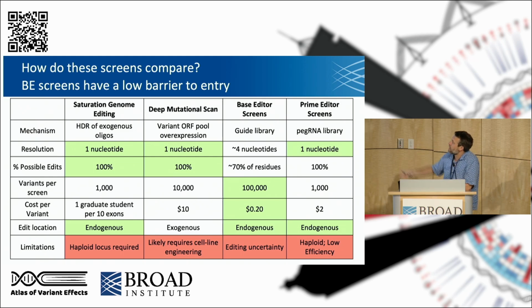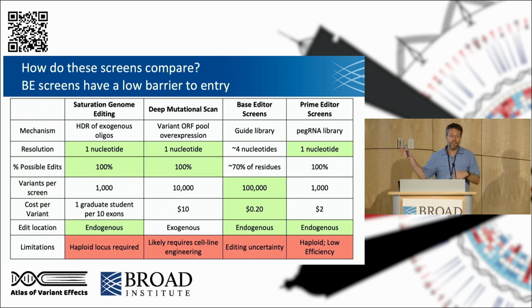For the base editing screens, where they're not as good as other approaches is that it's not saturating, right? As I showed in the alleles of MCL1, you get lots of different edits and you've got to figure out which one is actually driving the phenotype, because you're mutating multiple Cs or As in a particular editing window. And obviously, if that's all you can do, then you can't change all possible residues.